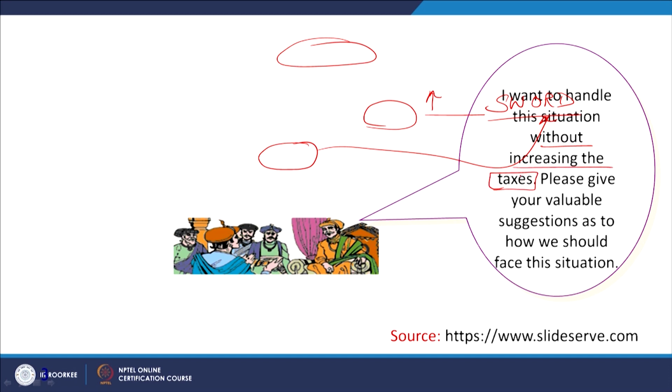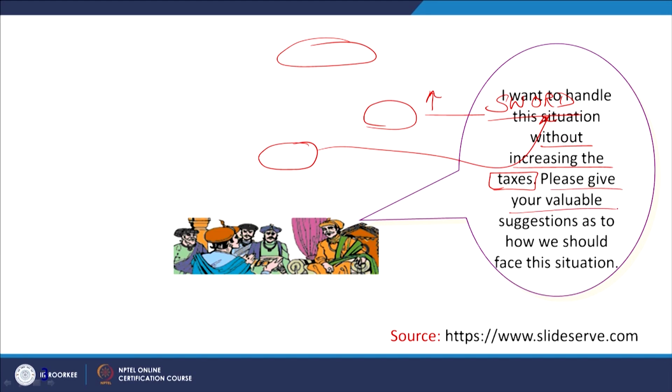So this is what the king wants, that he does not want to trouble his people, he doesn't want to increase the taxes on the common man, but still wants to add an army or soldiers of 50,000 in number. So he wants advice, suggestions from the ministers, on how this problem can be tackled.